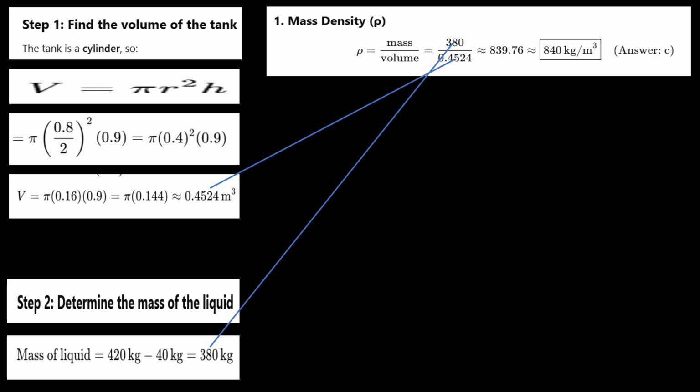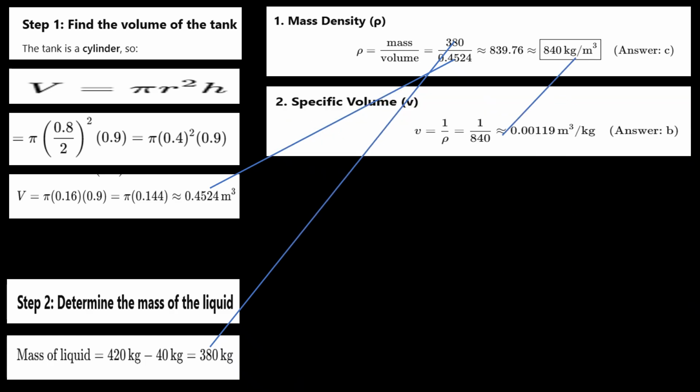And then calculating it, the value of our specific volume is equal to 0.00119 cubic meter per kilogram, and that's letter B as our answer.